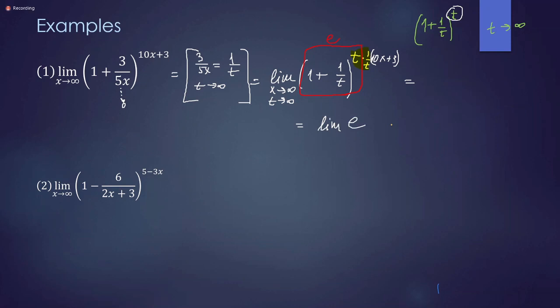It is actually 3 over 5x. So instead of 1 over t, I write 3 over 5x, and then I need to multiply by this actual old exponent because it never disappeared. It's still there. It cannot just disappear. So I'm writing 10x plus 3 multiplied by this 1 over t.